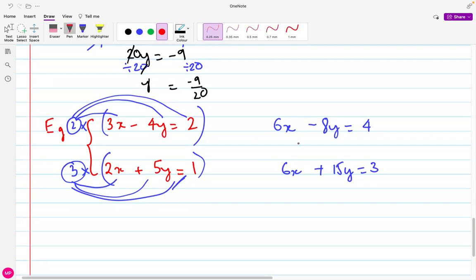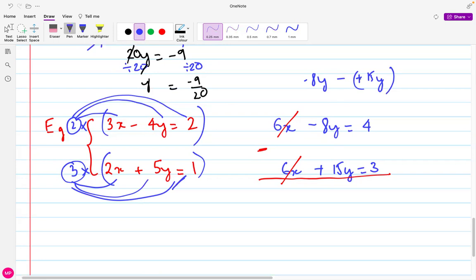So if I put the minus in between, 6x minus 6x will go away. Okay, so if they're the same number, you can subtract them to make it eliminated. So it's 6x minus 6x go away. So I have negative 8y minus positive 15y.